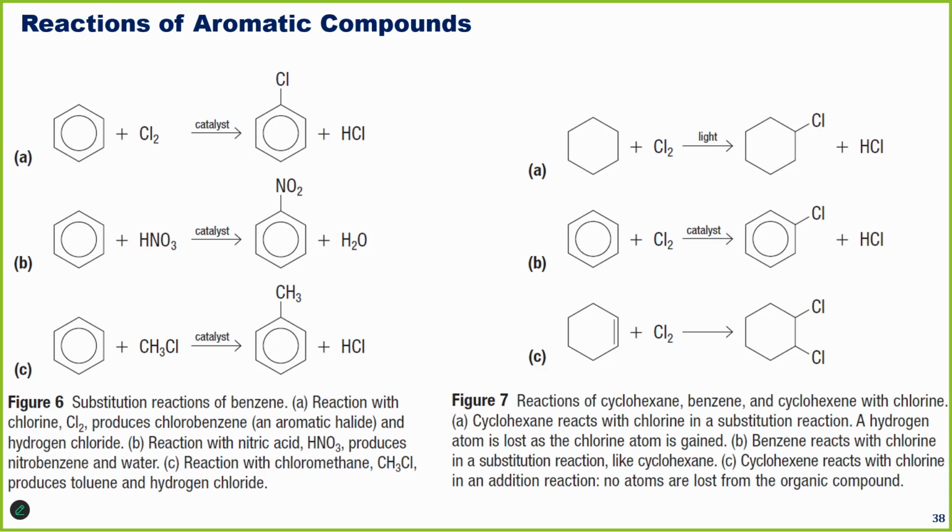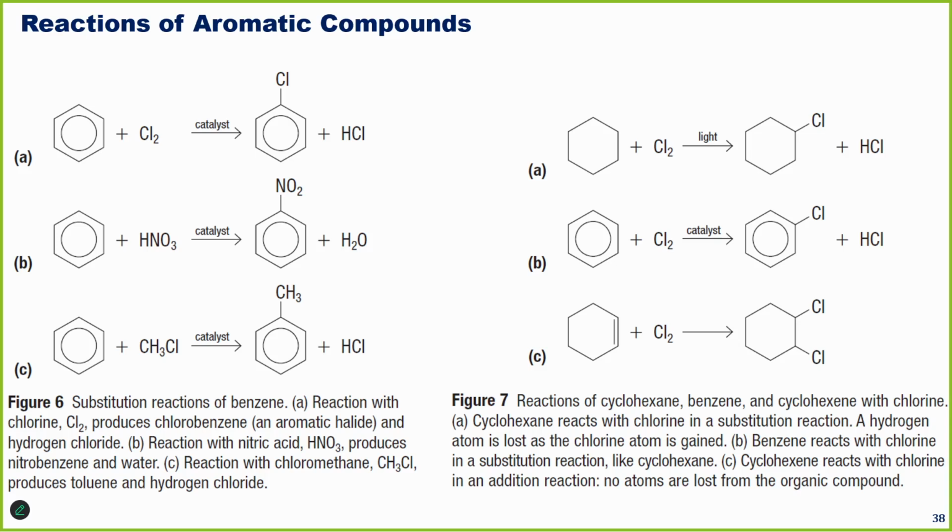Each bond in benzene is identical, and they are much more stable than a carbon-carbon double bond. Bond strength is just between that of a single and that of a double bond. In general, therefore, aromatic compounds are much less reactive than alkenes. The hydrogenation of benzene to form cyclohexane requires high temperatures and a catalyst.